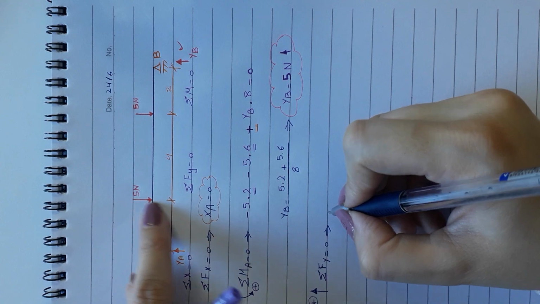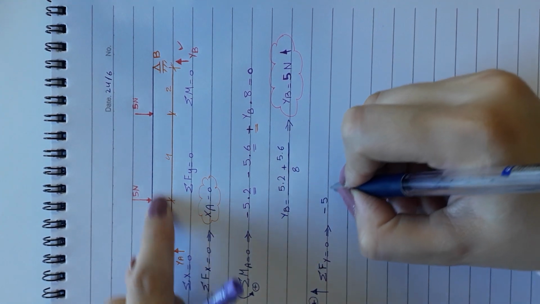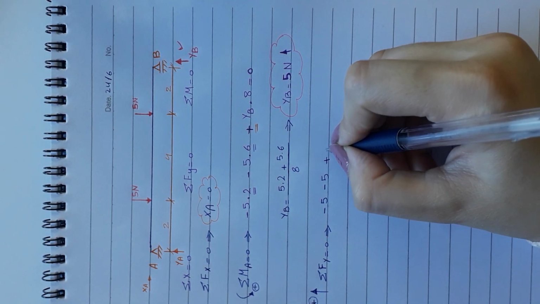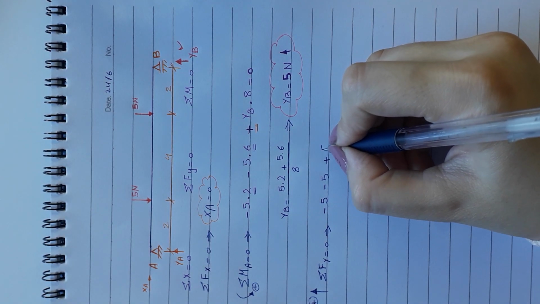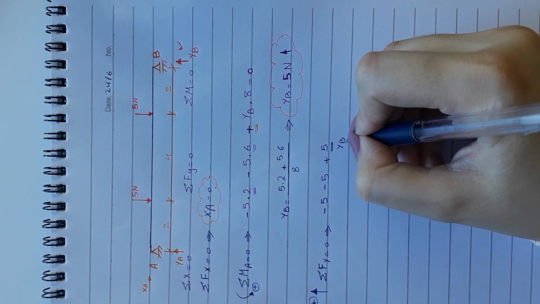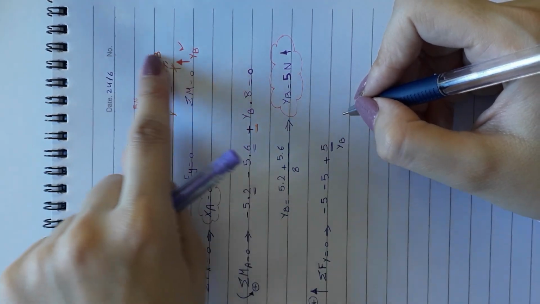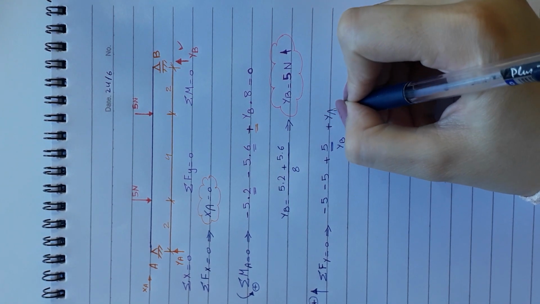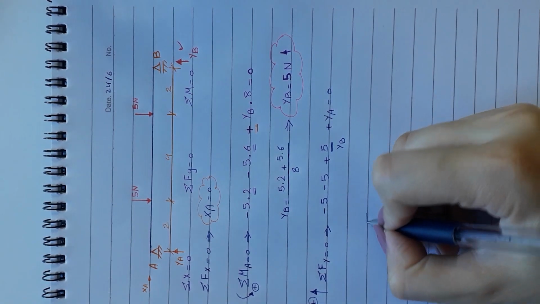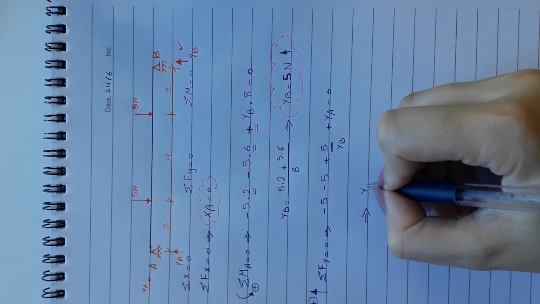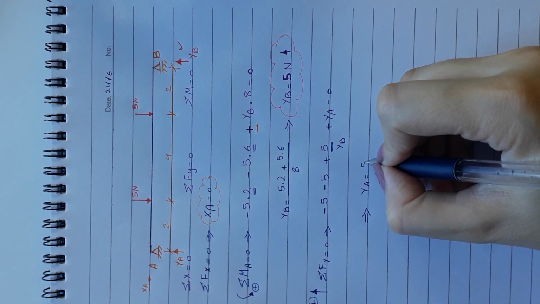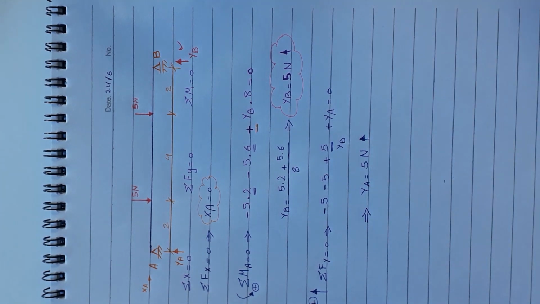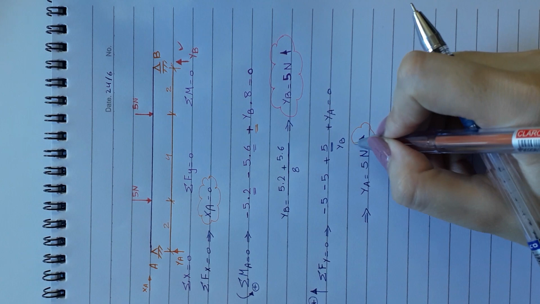So we have minus 5, another minus 5, plus 5, which is YB, and that goes up, plus YA equals 0. And that means that YA is 5 Newton and the direction is right.